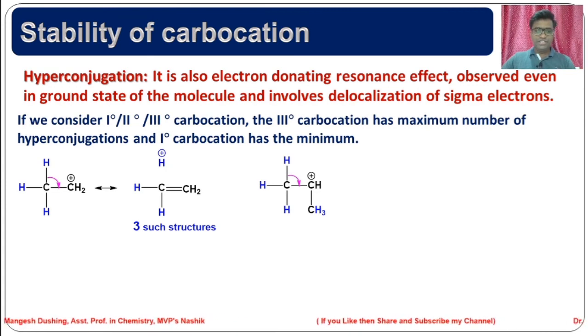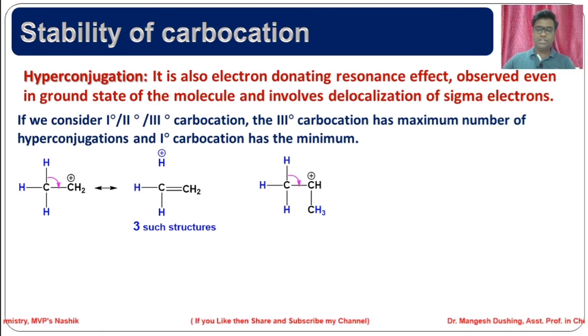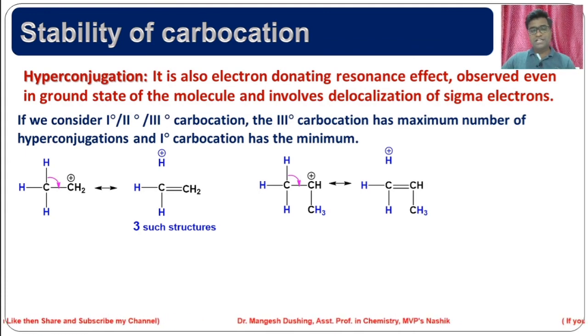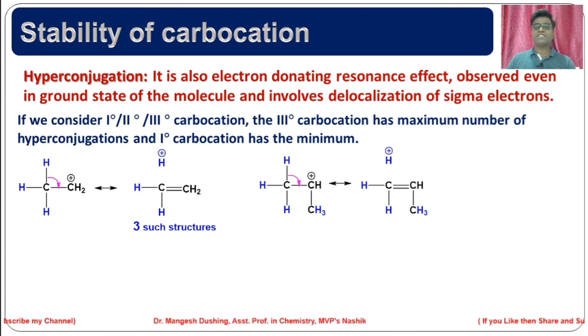There are 3 alpha hydrogens on this carbon and 3 alpha hydrogens on that carbon, so there are a total of 6 alpha hydrogens. By hyperconjugation, the delocalization of sigma electrons, a total of 6 hyperconjugation structures would be possible.